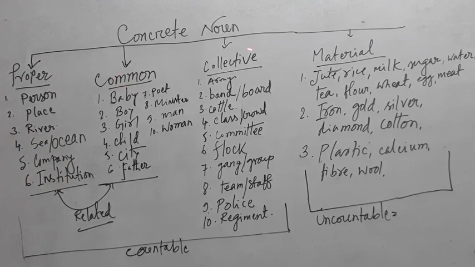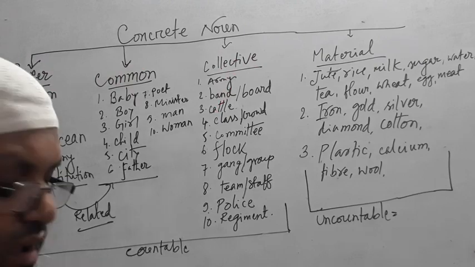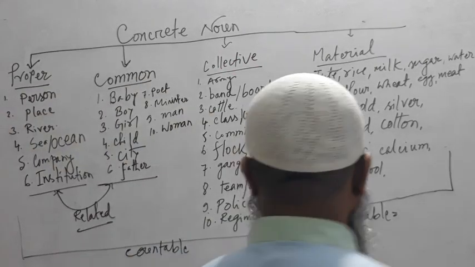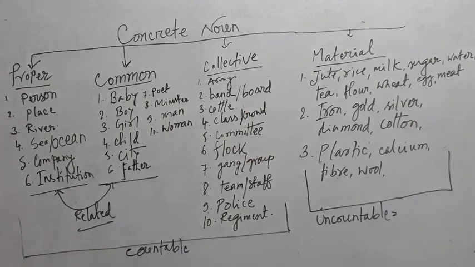Now come to the next one, that is collective noun. What is collective noun? Collective noun means the name of the things together. Suppose army is the name of a force in our country, and all of the persons who are related to that force are called the army. And then band is a group, or board is also a group.